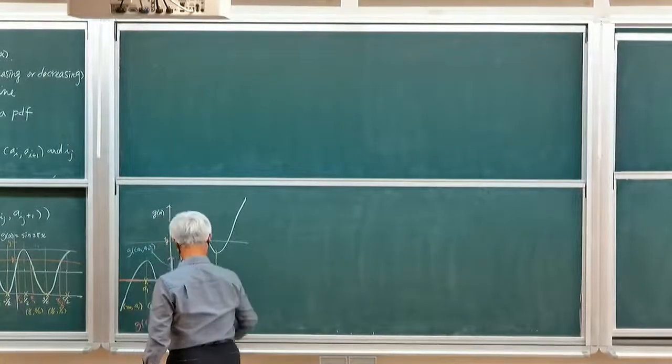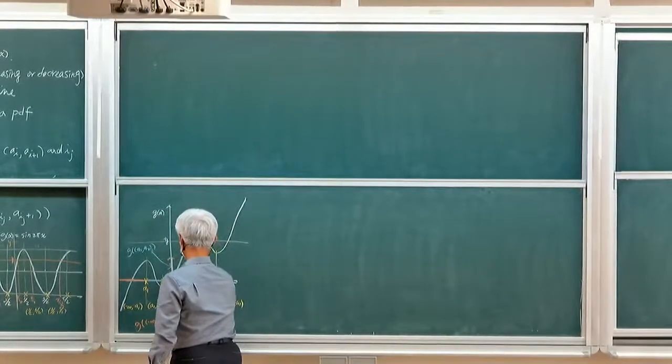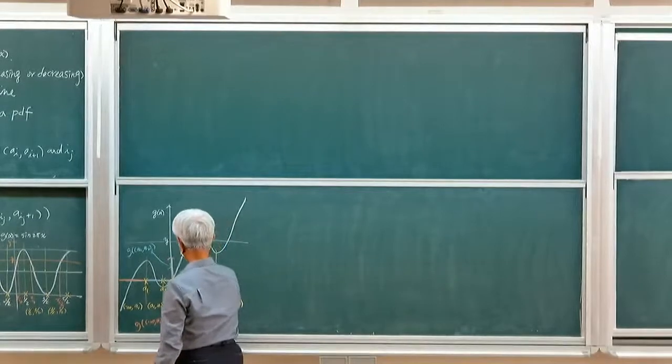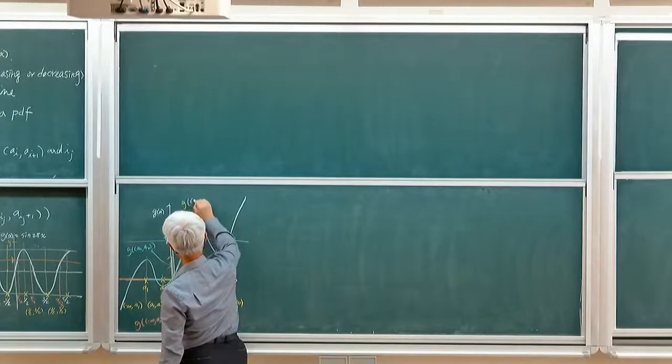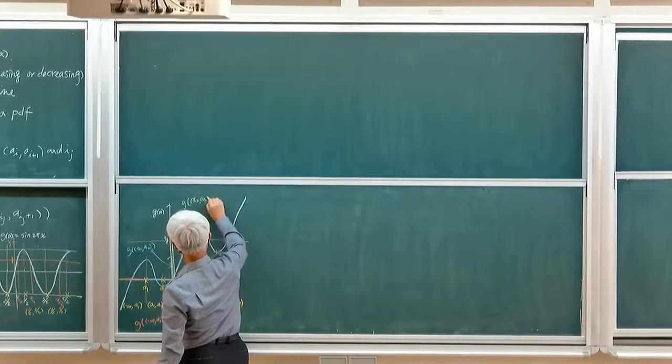The third piece is from here up to there, so this is G of A2, A3.